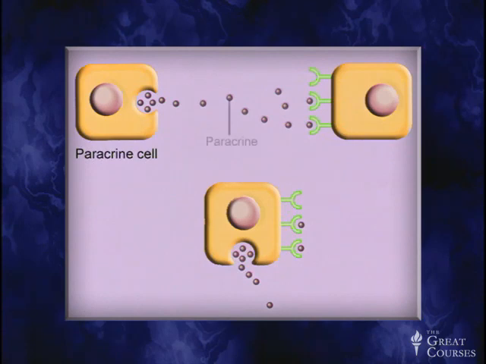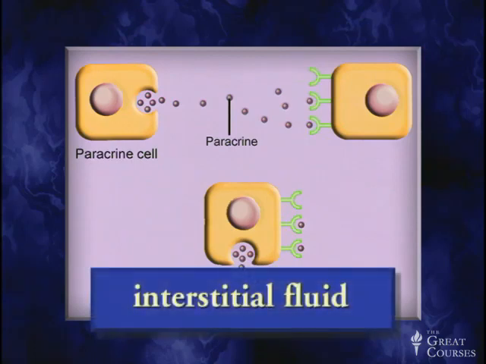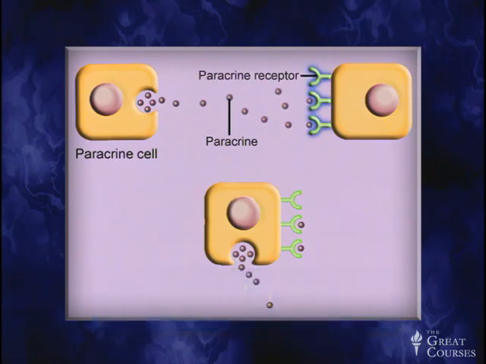It just goes into the tissue fluid between the cells, what we call interstitial fluid, and this will go right across to the receptors of a nearby target cell. Paracrine means nearby. The endocrine suggests far away, and so here we're talking about microscopic, micron distances, not even centimeters.